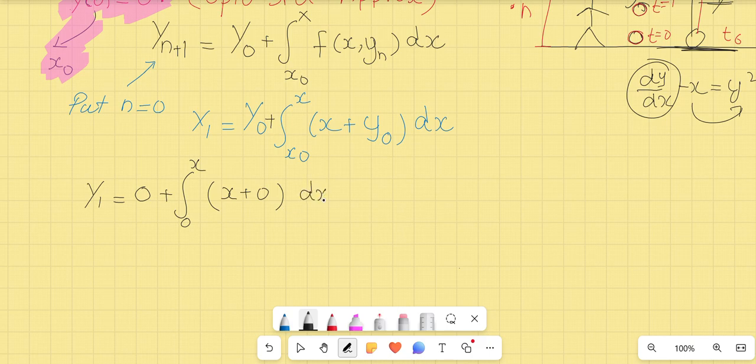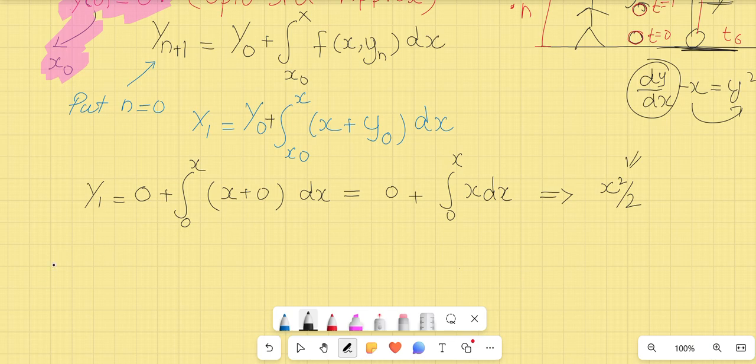So if you try to solve it, this is 0 plus the integral from 0 to x of x dx, so it's going to be x squared by 2. All right, so this one will be our y1.